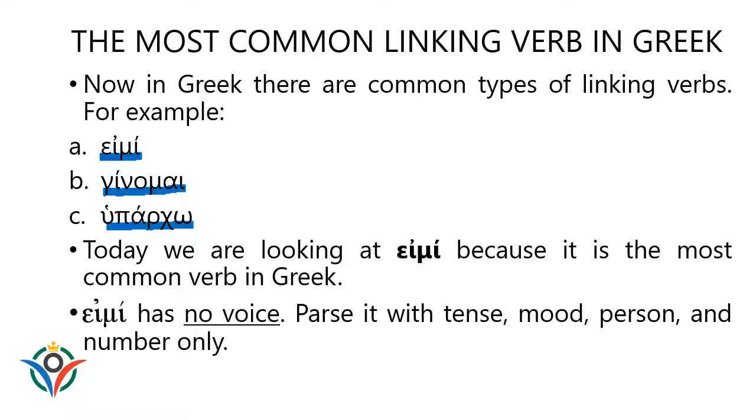Today, meaning in this lesson, we are looking at εἰμί, firstly, because it is the most common verb in Greek, and so therefore it's important to know. And here's an important characteristic that makes it distinct from other verbs: εἰμί has no voice. So you parse it only with tense, mood, person, and number. Let's take a look at the different paradigm forms of εἰμί now.